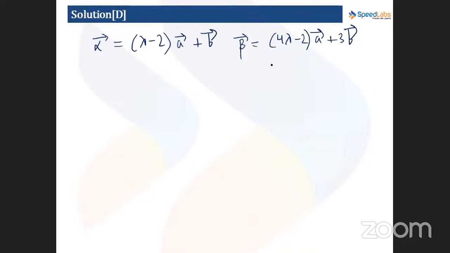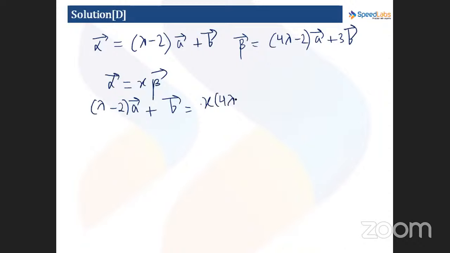Now we know that they are collinear, so they will satisfy this condition. So I'm taking x because it is nowhere in this. So (lambda minus 2) a vector plus b vector equal to x times (4 lambda minus 2) a vector plus 3x into b vector.